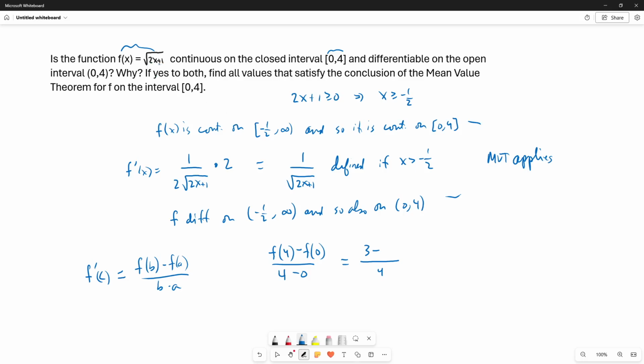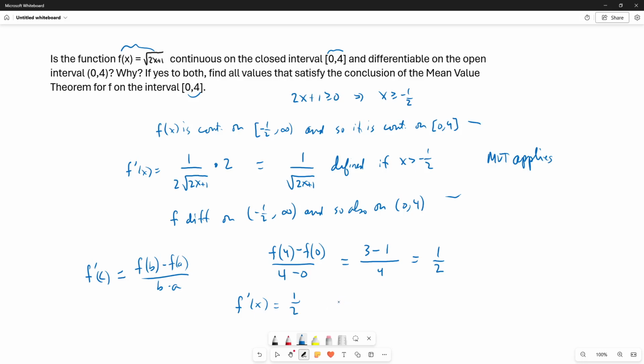And f of 0 is square root of 1, which is 1. And of course, 4 minus 0 is 4. So we get 2 over 4, which simplifies to 1/2. So this number is 1/2. And so the theorem says that there should be a solution to the equation f prime of x equals 1/2 somewhere between 0 and 4.